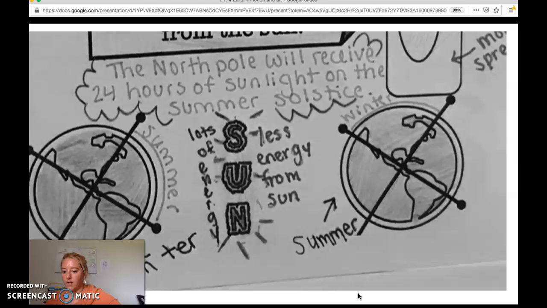And our last part right here, again, I don't know why it's dark, the North Pole will receive 24 hours of sunlight on the summer solstice.